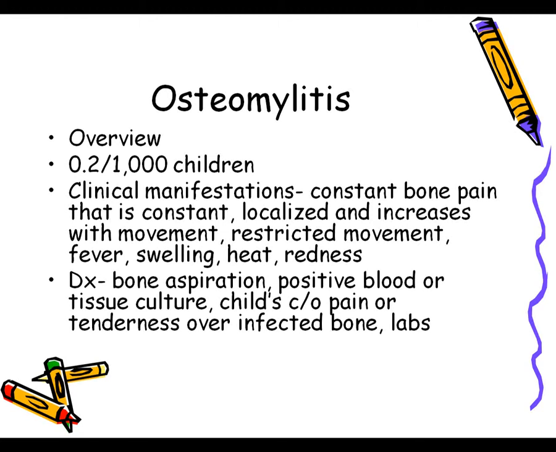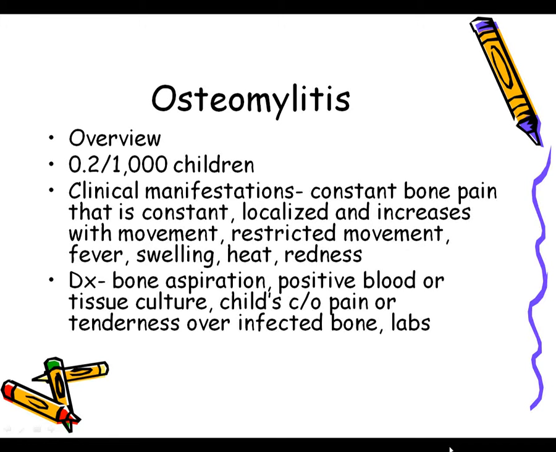You would get a WBC, white blood cell count. For the WBC, your book actually says a CBC, but the WBC would be elevated. Also, a CRP, which is the C-reactive protein test, and an ESR, the erythrocyte sedimentation rate. The C-reactive protein and ESR are usually elevated, which indicates the presence of an inflammatory process.